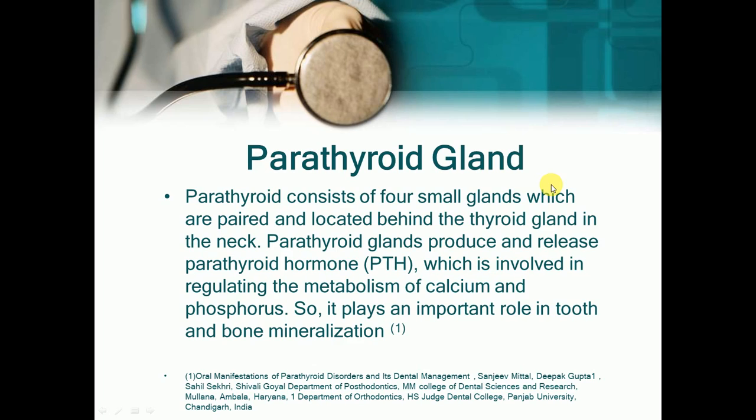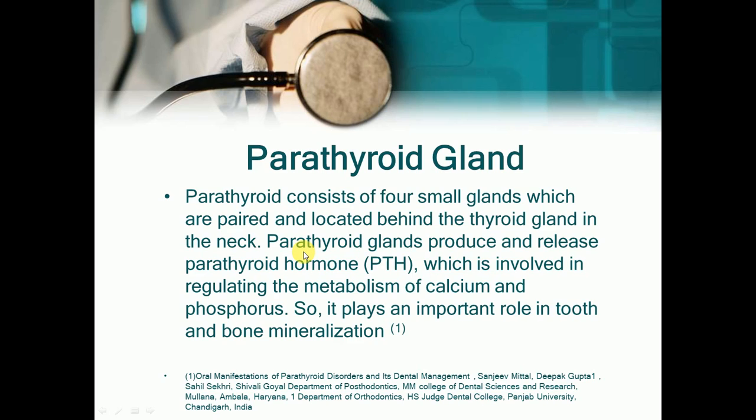When there is a true duct system, it means that these hormones or secretions can take place through these special ducts. So the parathyroid gland consists of four small glands which are paired and located behind the thyroid gland in the neck.